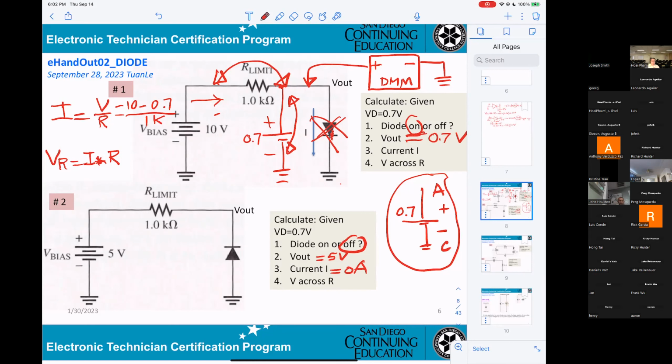VR, the voltage across the resistor: no current flows, so there is no voltage drop across the resistor. That is the answer.